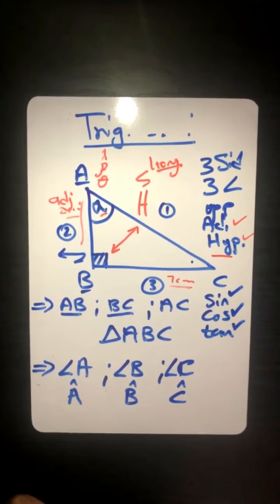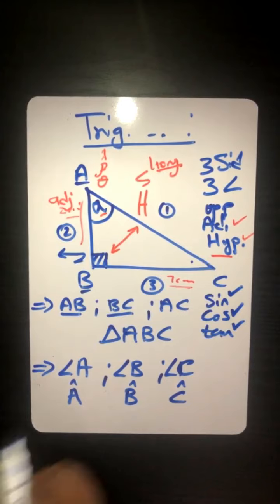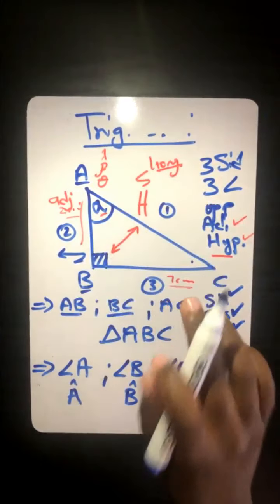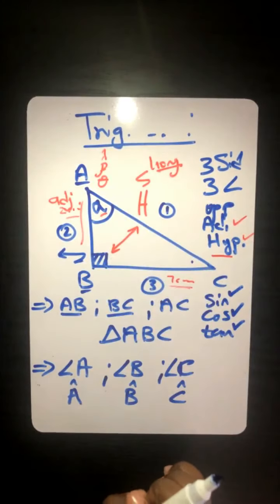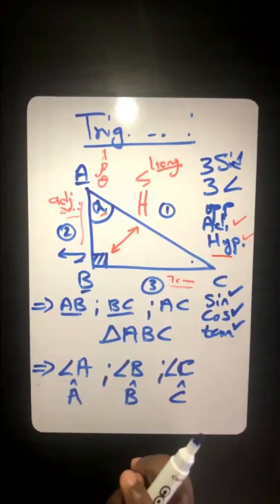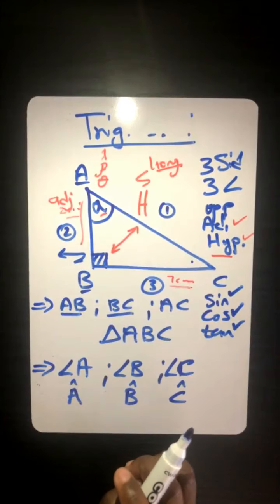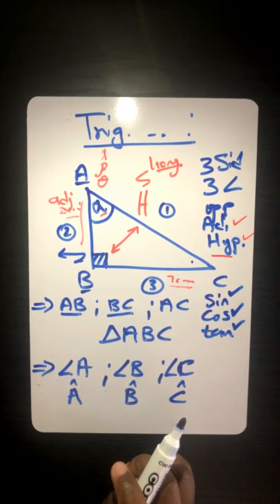So I assume at this point in time, you are now aware of a right angled triangle, all the sides associated with a right angled triangle, and also how to label the sides, and you are aware of the angle.